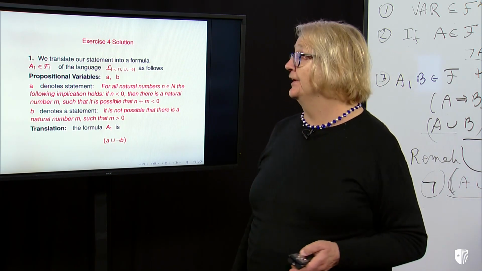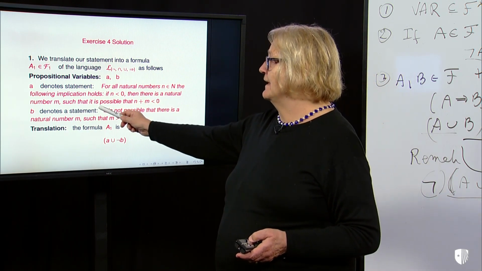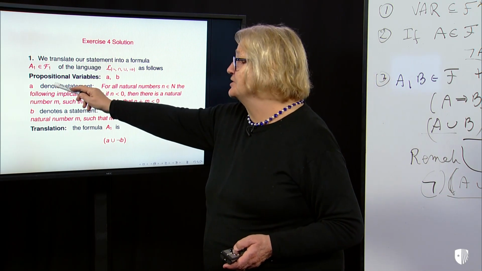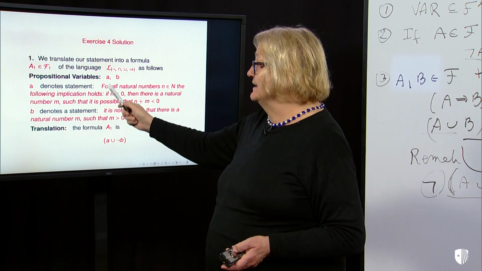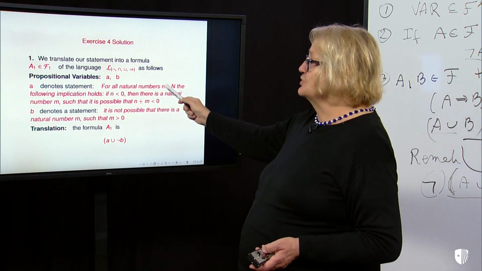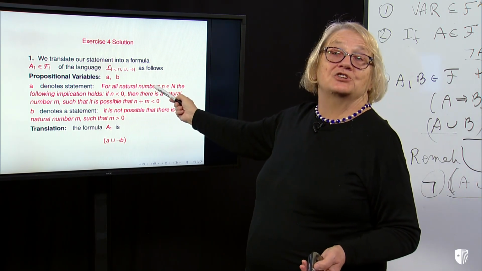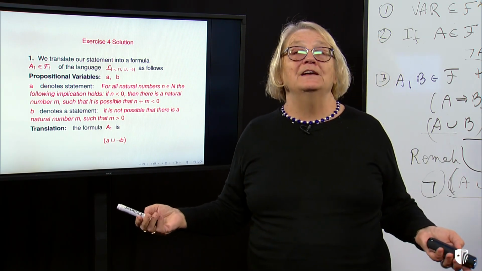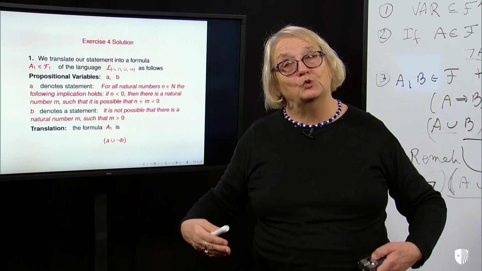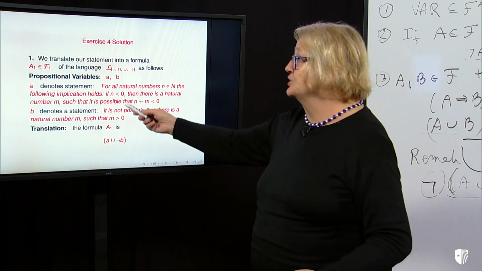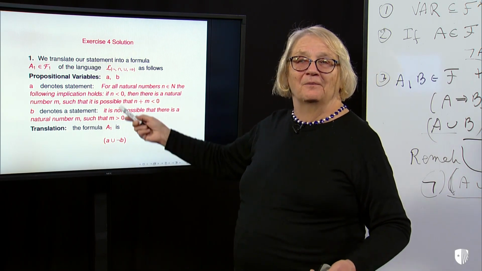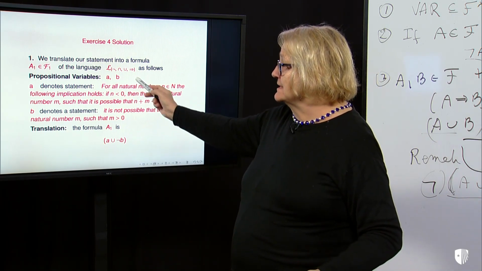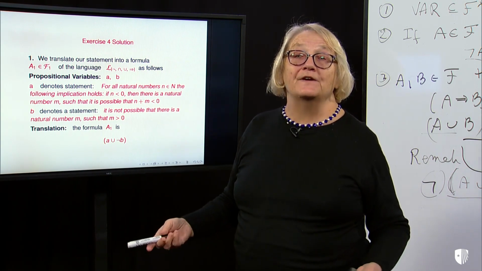For example, here, that big sentence would be just, if you have this language, for all natural numbers, you don't have an expression for all natural numbers. We will have to go to the predicate language, which would be able to translate the sentence about all natural numbers.